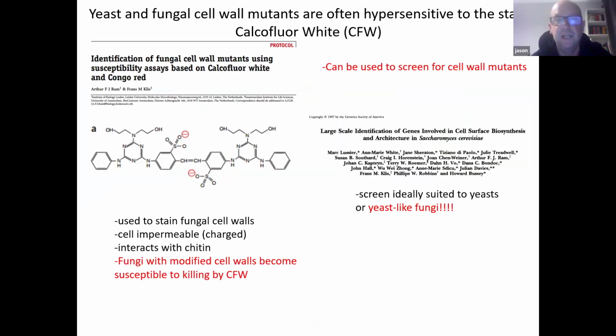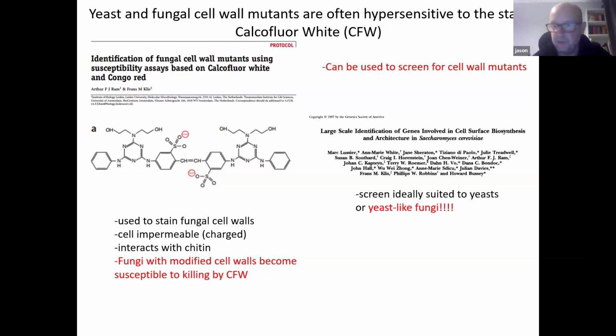So calcofluor white has been used in yeast and in fungi as a screening tool to identify cell wall mutants on the basis of that if a particular mutant strain has a defect in its cell wall strength, it cannot grow back on calcofluor white despite being able to grow back on media. It can without calcofluor white, basically.